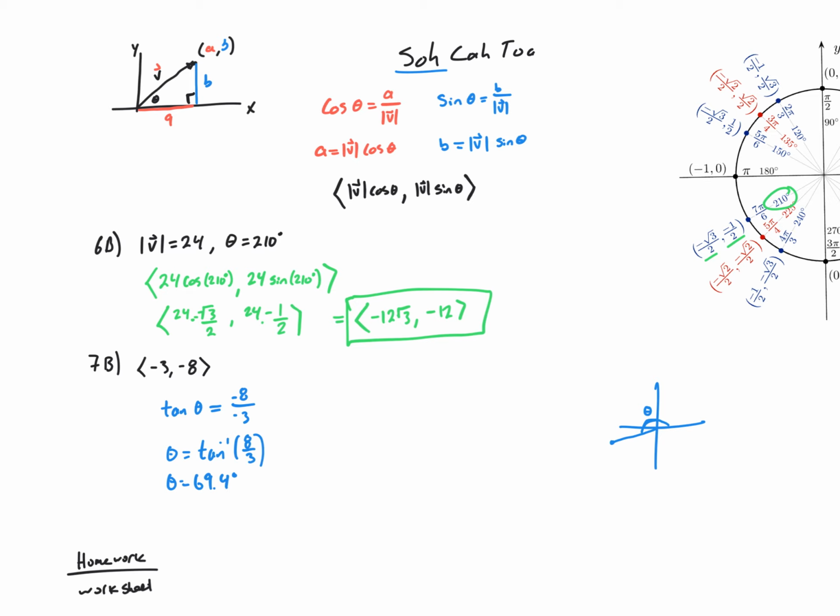And I actually kind of messed this up. This is actually negative 3, negative 8, so it'd be down here. So we're getting this one as the 69 degrees, so we have to add 180 to that to find the actual angle I'm looking for. So I'm going to say plus 180, and the answer I'm going to get is 249.4 degrees. So that's the angle of that.